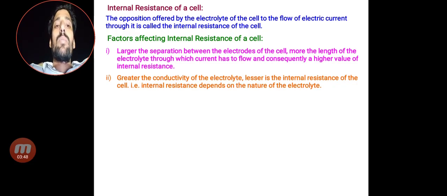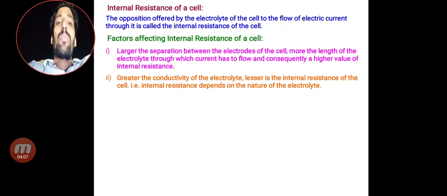Second, as we know that resistance capital R equals rho L by A. Rho is resistivity, which is the inverse of conductivity. If conductivity is higher, then resistance will be lower.